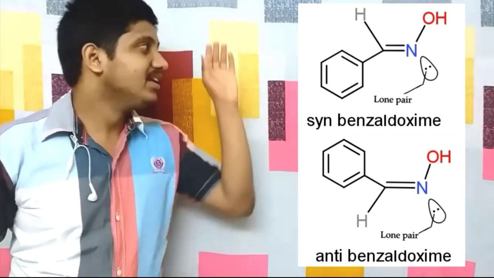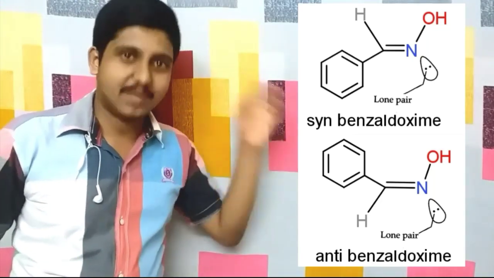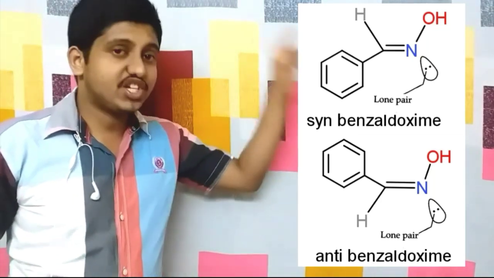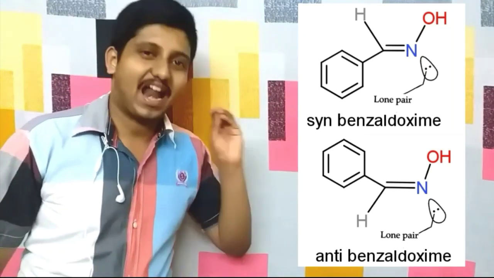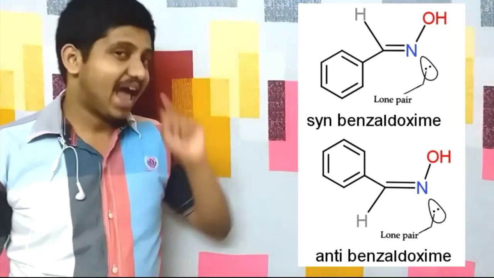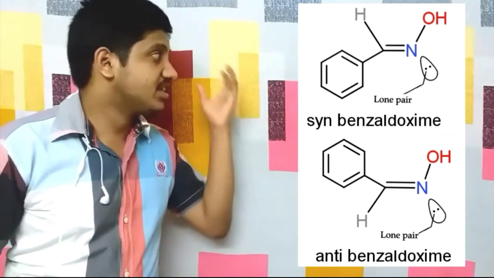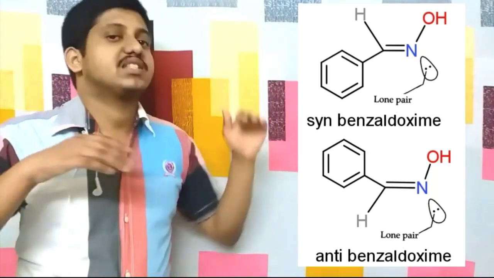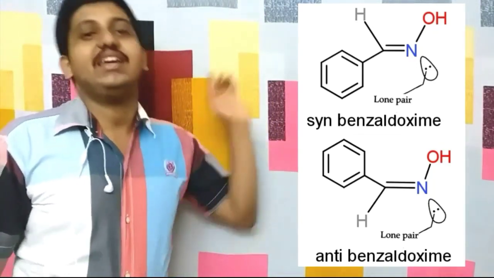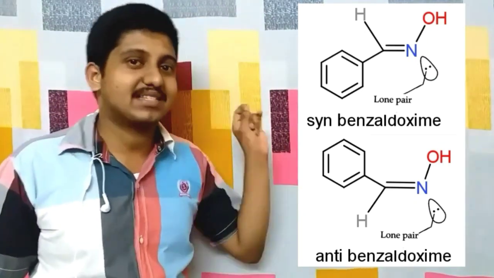Those isomers of aldoximes or ketoximes in which H and OH are on the same side are termed syn aldoximes or syn ketoximes, and the isomers in which H and OH are on opposite sides are termed anti-aldoximes or anti-ketoximes. Hence it is named syn benzaldoxime.